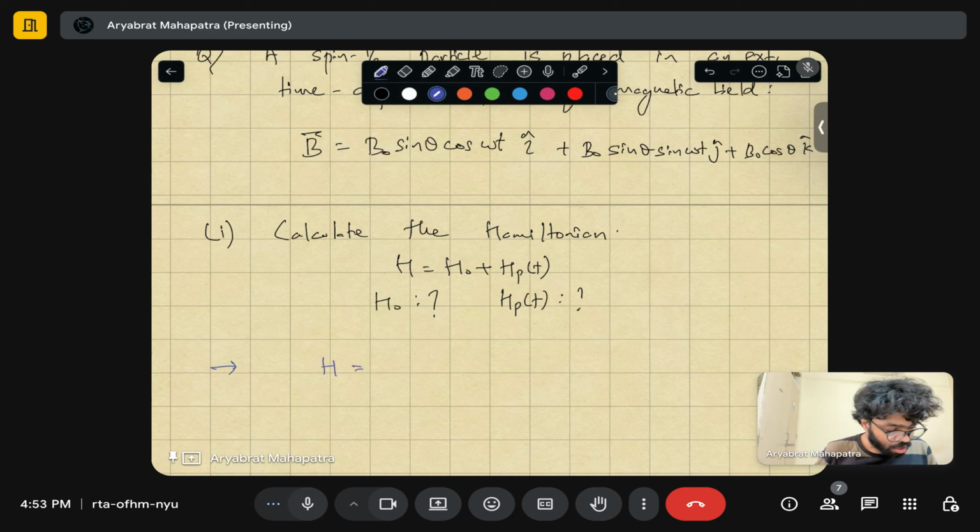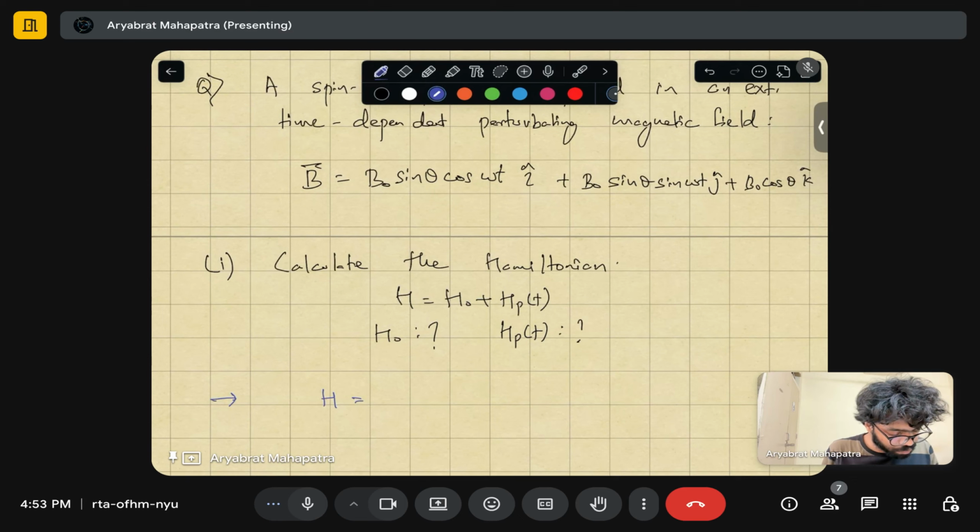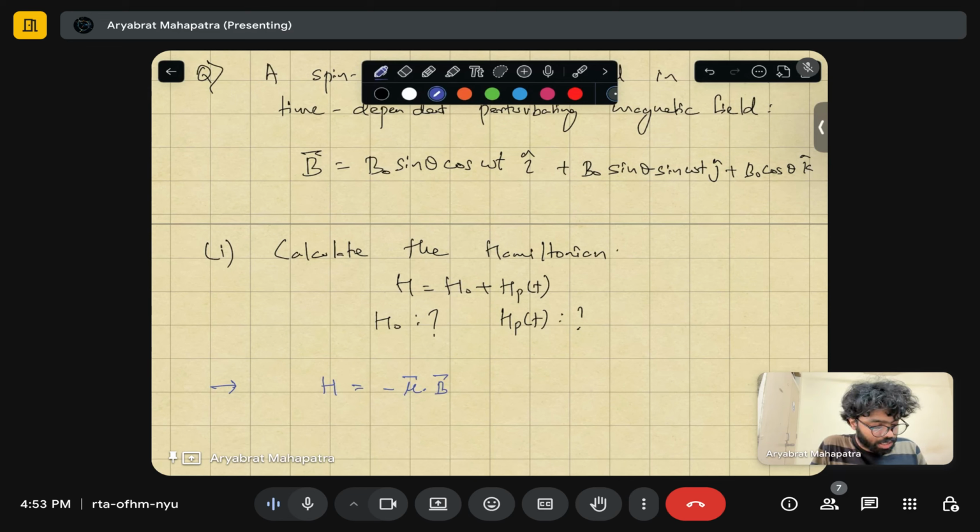For a spin-half particle in some external magnetic field, it is given as the dot product of the magnetic moment with the magnetic field. Even classically you write this relation, that is your magnetic field energy for a charged particle placed in some external magnetic field.